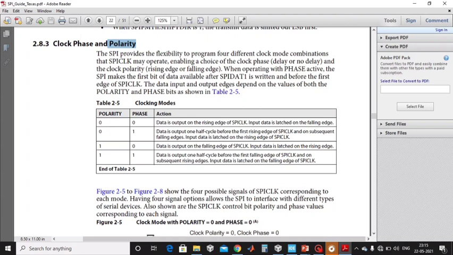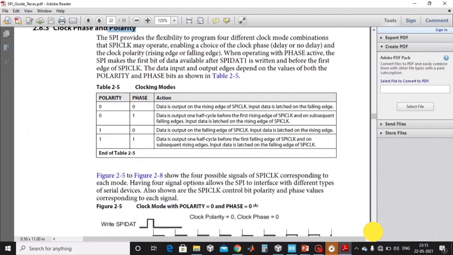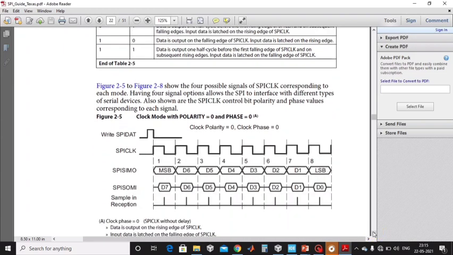Now, what does a high polarity clock mean? First we will talk about the low polarity clock. We will go with the flow of this document. In this document, first clock polarity low is explained. So I will explain the clock polarity low first. Here clock polarity is low.